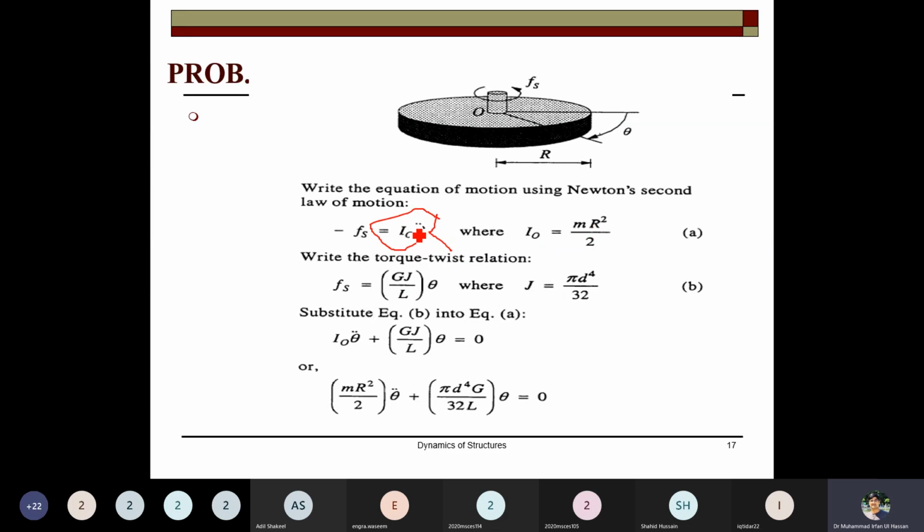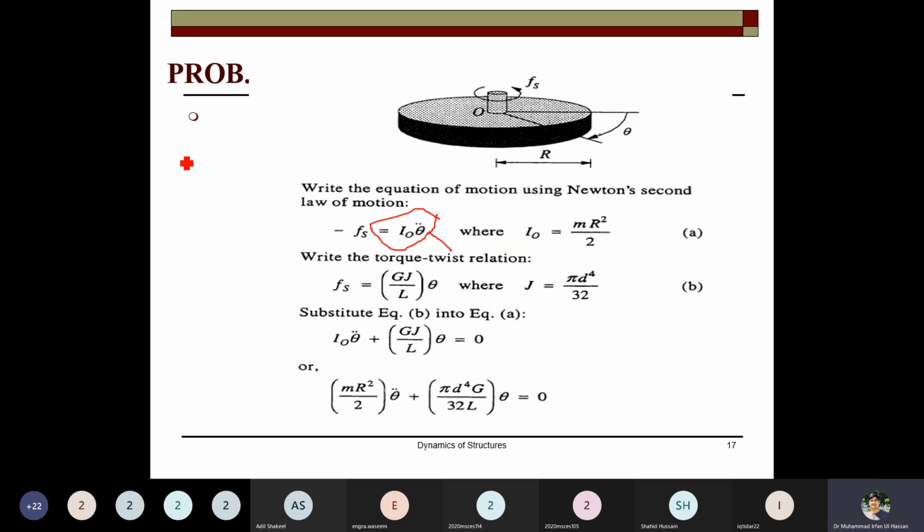So this is a mass moment of inertia, as I told you in the lecture last time, that when the body is rotating you are computing the mass moment of inertia. For the circular disc, the mass moment of inertia can be represented as the moment of inertia about the centroid, which is basically r square over area, the radius of gyration square over area.